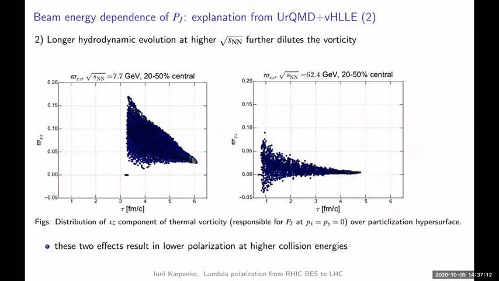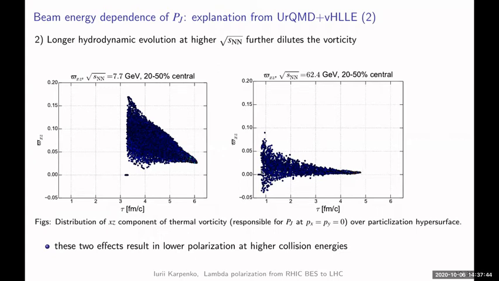And then there is this argument that because the pT spectrum of lambdas decreases with pT, of course, most of the lambdas are low pT lambdas. And the low pT lambdas, so lambdas with low transverse momentum, are produced more probably at the end. So at the end of the hydrodynamic evolution, you see that the vorticity at high energies is much smaller, also because the hydrodynamic evolution itself lasted longer.